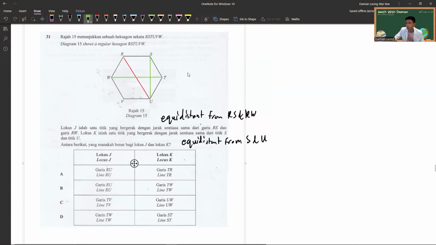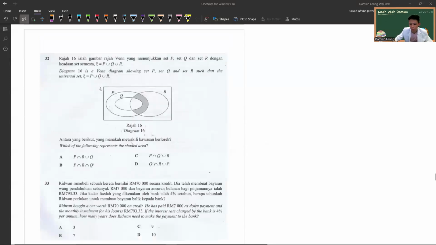Okay, 90 degrees, cuts right in the middle. So these 2 lines means RU and TW. Answer B. Yeah, you want to remember all 4 types of locus. The other 2 is constant distance from a point. It's a circle. Constant distance from a line is a parallel line. Okay. Then question 32.